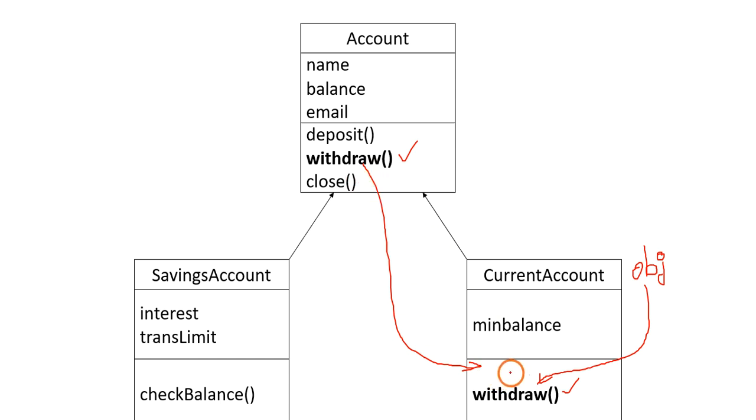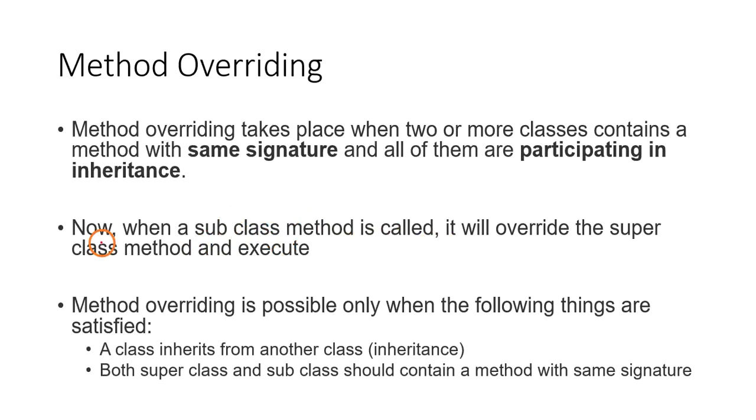The child class method, or the subclass method, will execute. This one is not going to execute, this will be executed. This concept is called method overriding. When you call a subclass method, it overrides the superclass method and executes.